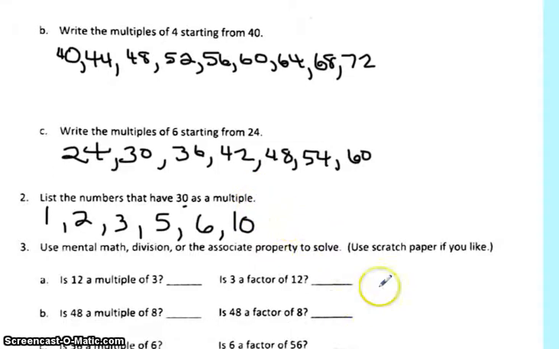Yes. All right. Is 11? No, 11 times 3 is 33. 12? No, 3 times 12 is 36. 13? No, 2 13s is 26. 14? 2 14s is 28. 15? Yes, 2 15s is 30.